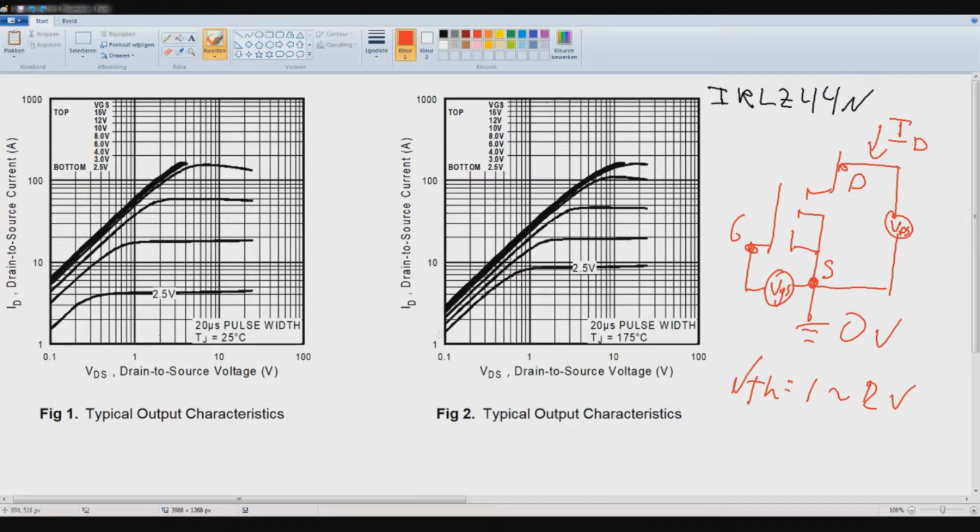But what is different is these lines. For example, 2.5 now allows much higher current. You can draw it a little bit over like this.